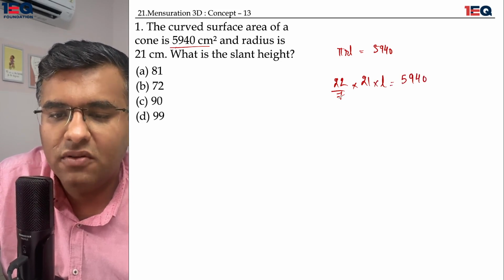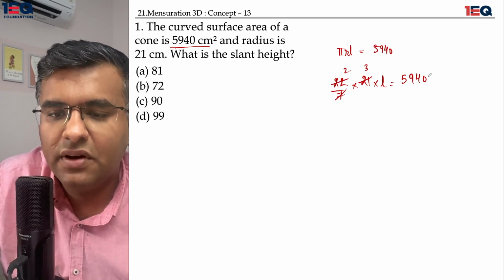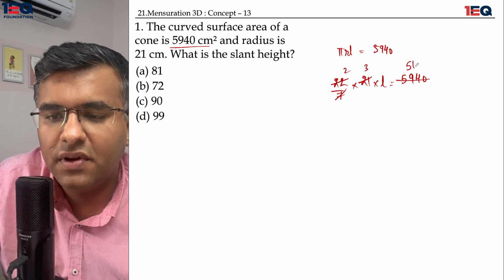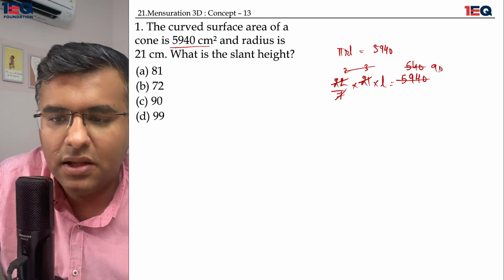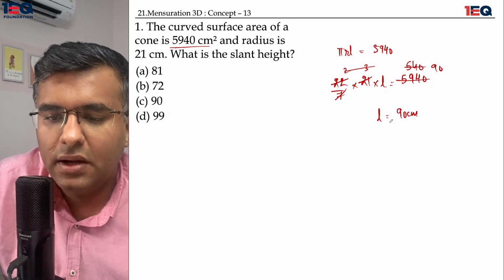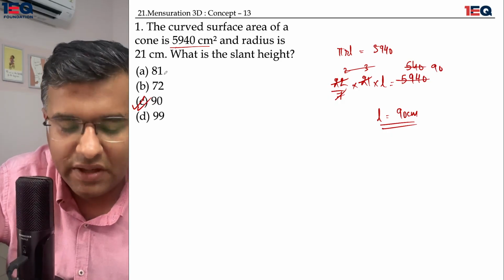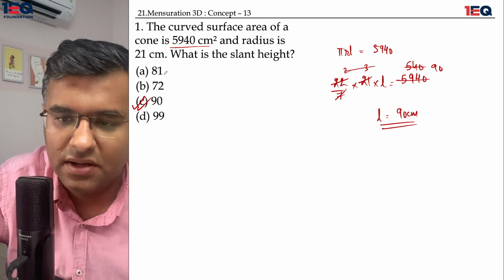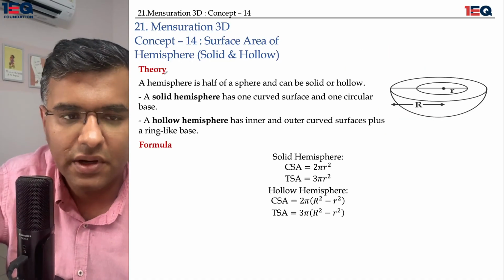This is 7, this is 3 is 21. So I have 11 2s are 22, 11 54s are 594, and I have a 6, this is 90. So the value of L is nothing but 90 centimeters, right? Good enough? Let's go ahead.